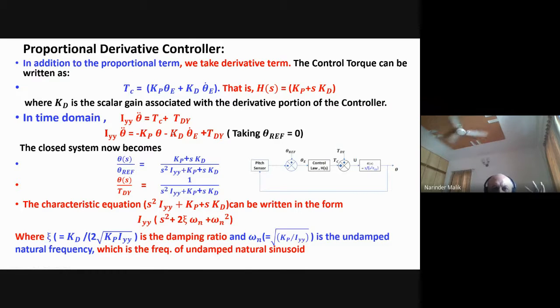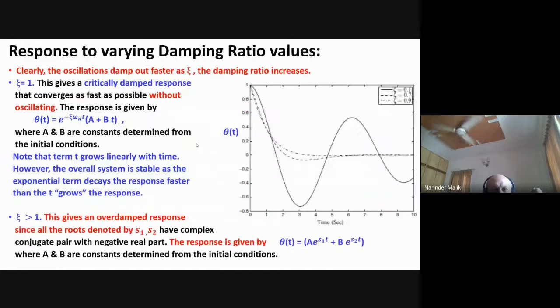That means in steady state, theta will be equal to Tdy divided by Kp. Now, for a given disturbance torque, the value of Kp will decide what is the steady state error that will result from a simple PD controller.